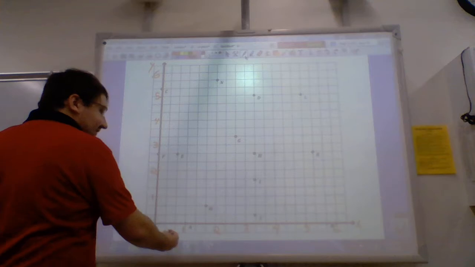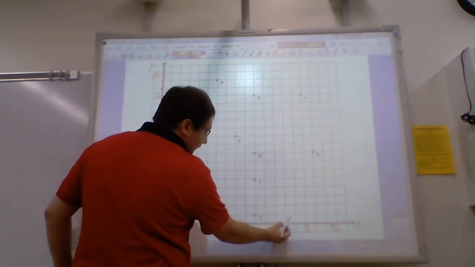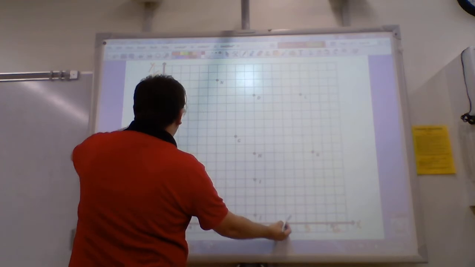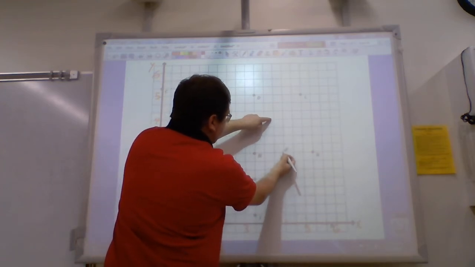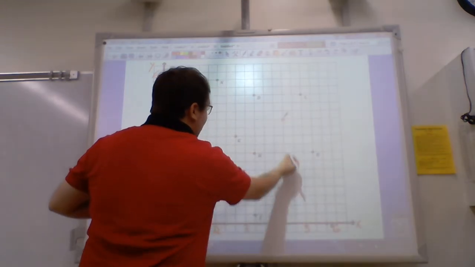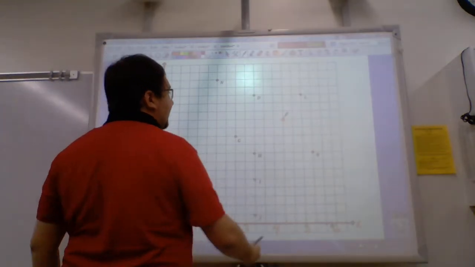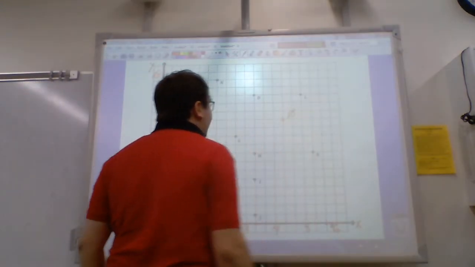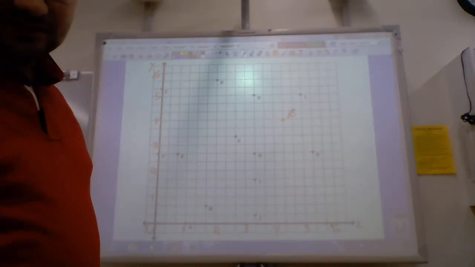So on our x-axis we're going to go over to 4 and 1/3. We're going to go up to 4. I'm going to have these two come together right here. 4 and 1/3 and 4. That's going to be where I'm going to plot point P. That's where point P is.